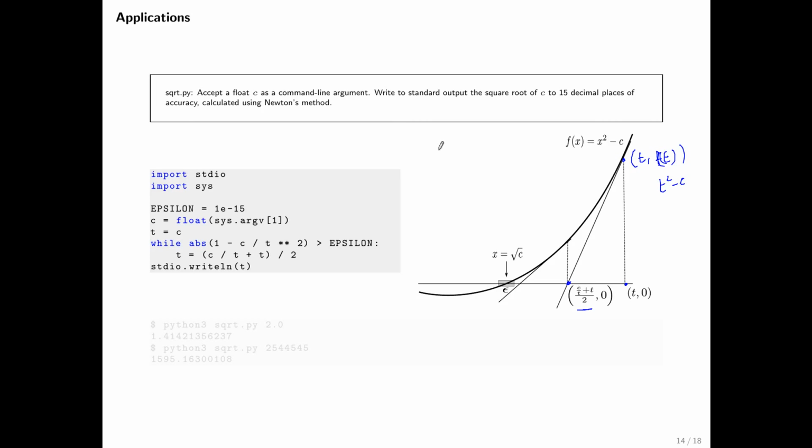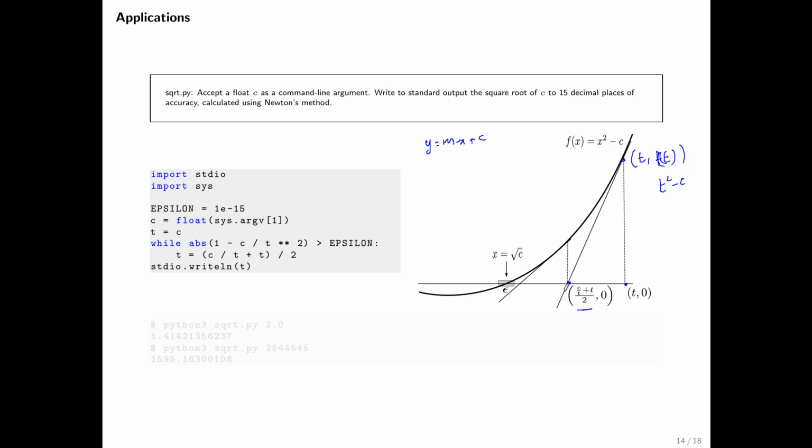You simply figure out the equation for this tangent line, using the formula y equals mx plus c, and see where it intersects the x-axis. If you do that calculation, you'll see that the x coordinate of this point where the line meets the x-axis is simply c over t plus t divided by 2. All right, and the y coordinate is 0.